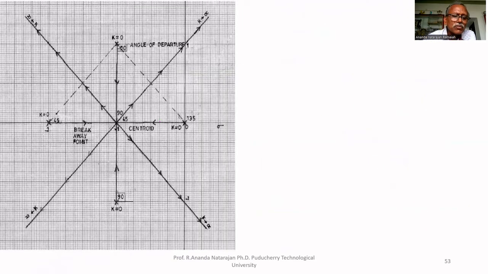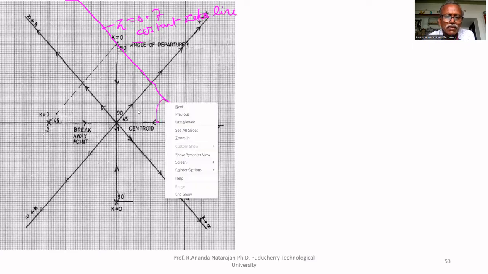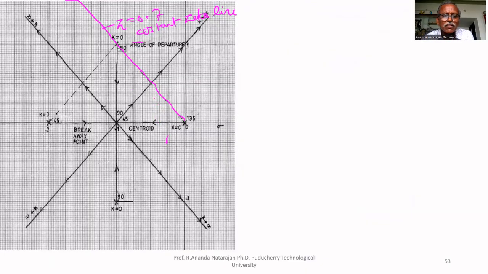The constant zeta line is going like this, that is zeta equal to 0.7, with angle cos inverse of 0.7, that is 45.5 degrees. So it cuts the root locus at A. The coordinates of A are 0.5, 0.5, that is 0.5 plus j 0.5.